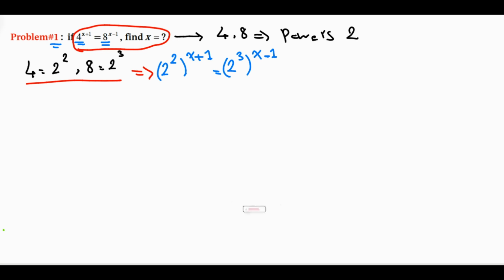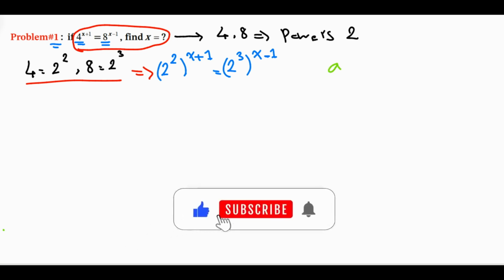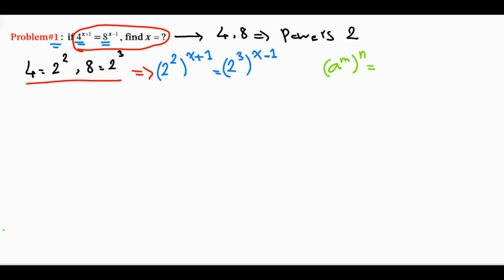Now, power rule. When you raise a power to a power, you multiply the exponents. M times n. So this becomes 2 to the power of 2 times x plus 1 equals 2 to the power of 3 times x minus 1.